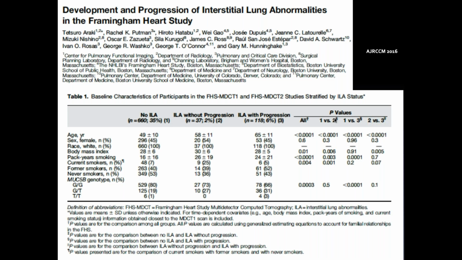But these are data collected because we perform CT scans in healthy subjects. We don't know how these values are in subjects that are 40 years of age, because we don't have screening programs in these subjects so far.